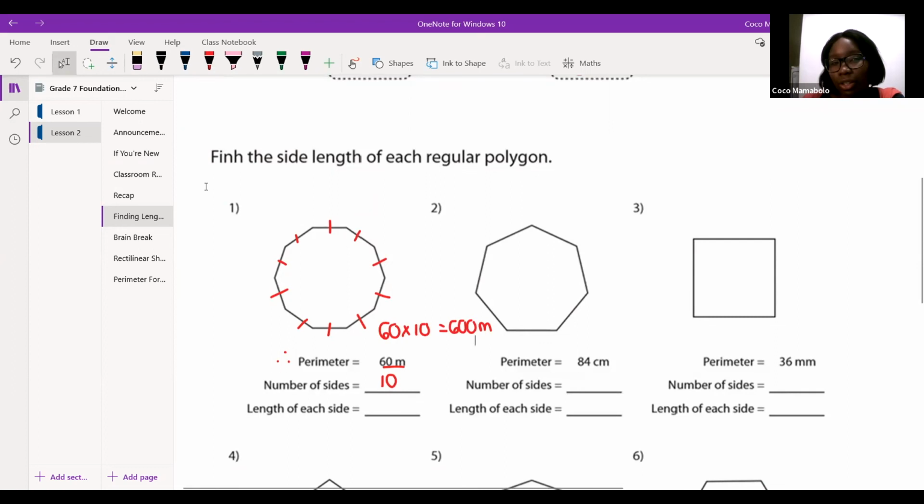Okay, that's an idea. Does everybody agree, or does somebody else have an idea of what we can do? Okay, because what Roland is saying is that if I have 10 sides and the perimeter is 60, then each of the sides is 600, 600, 600, 600.